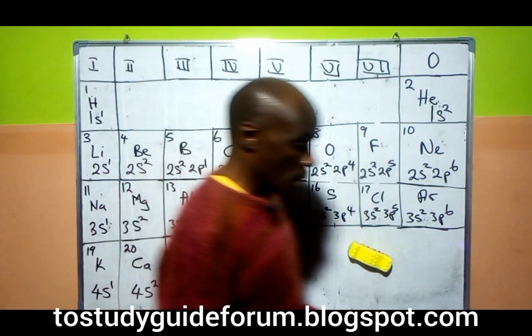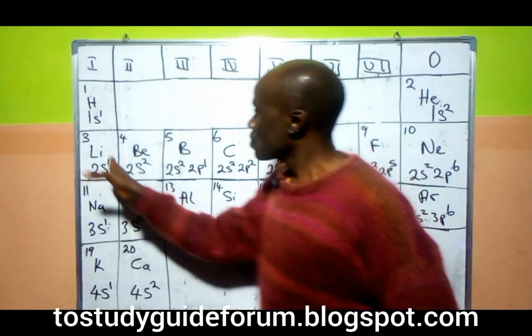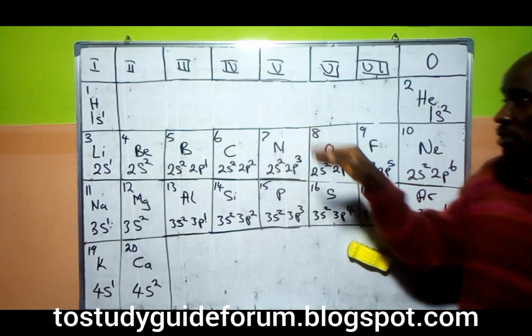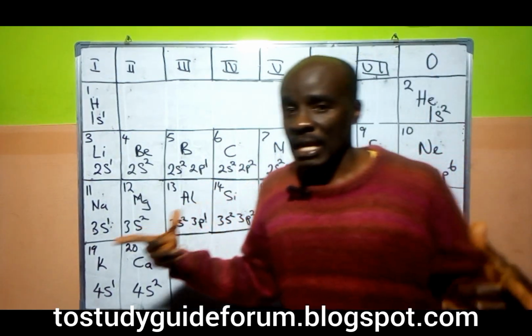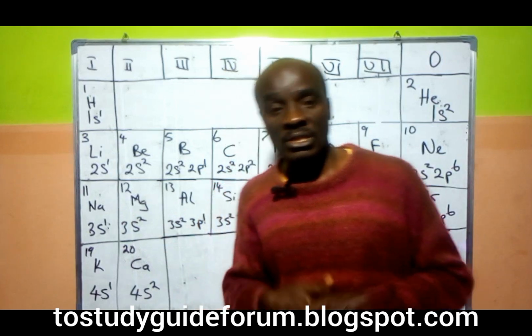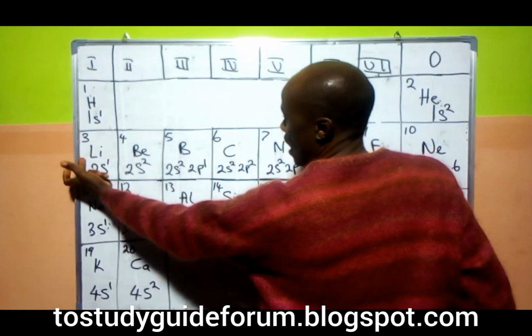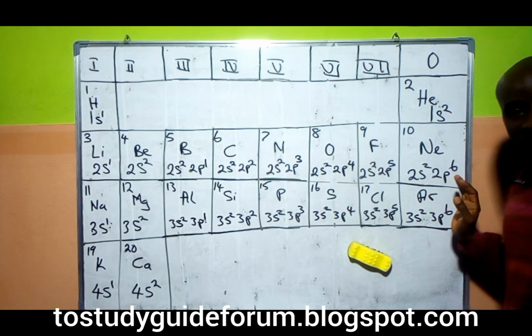All right. There are some other things we should also note about all these periods when we talk about the periodic table. In our next class, we'll be going into details in some of these features. For example, moving from left to right, there is an increase in electronegativity.